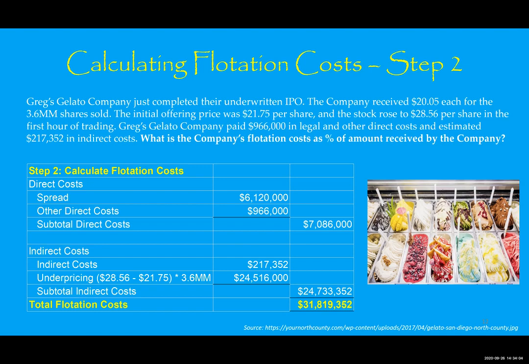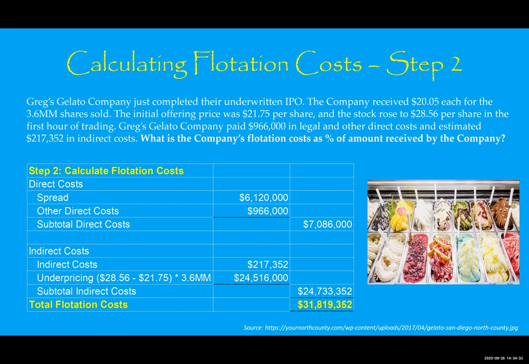Within the very first hour of trading, the shares rose to $28.56. So if we take $28.56, we subtract that from the actual initial offering price of $21.75, and we multiply that by 3.6 million shares, that is the value of underpricing the shares relative to market demand. And when you do the math, you get 24,516,000.